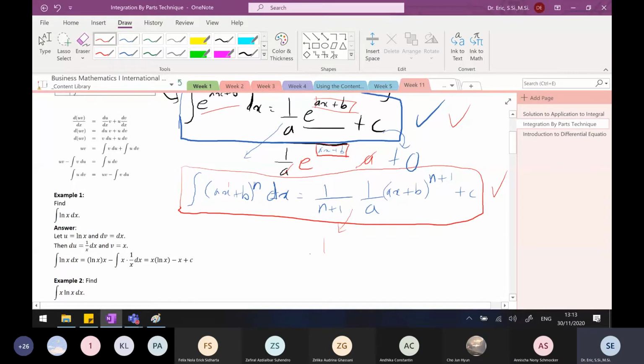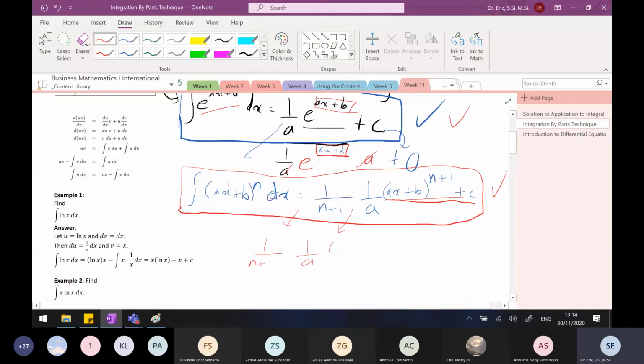This is a constant, so 1 over n plus 1 times 1 over a times the derivative of (ax plus b) to the power of n plus 1.